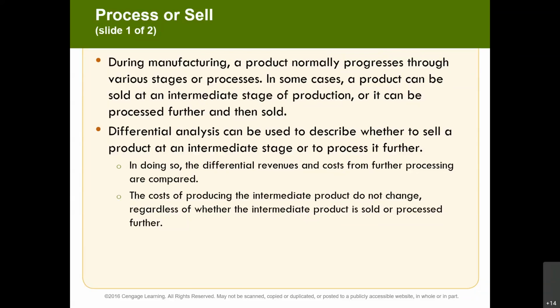In some cases, a product can be sold at intermediate stages of production, or it can be further processed and then sold. An example of this would be like a car. You know how we gave this example a couple chapters ago, where I think it was like Tesla or something like that. So you can buy the base model Tesla, right?